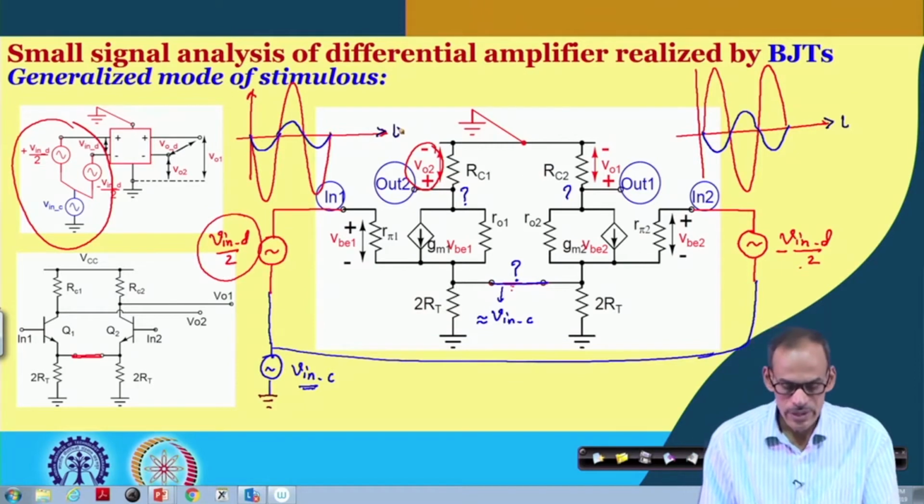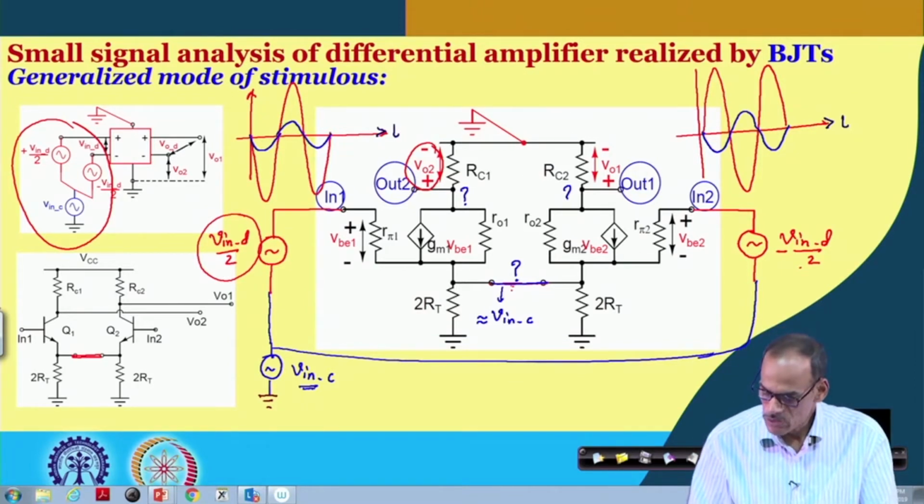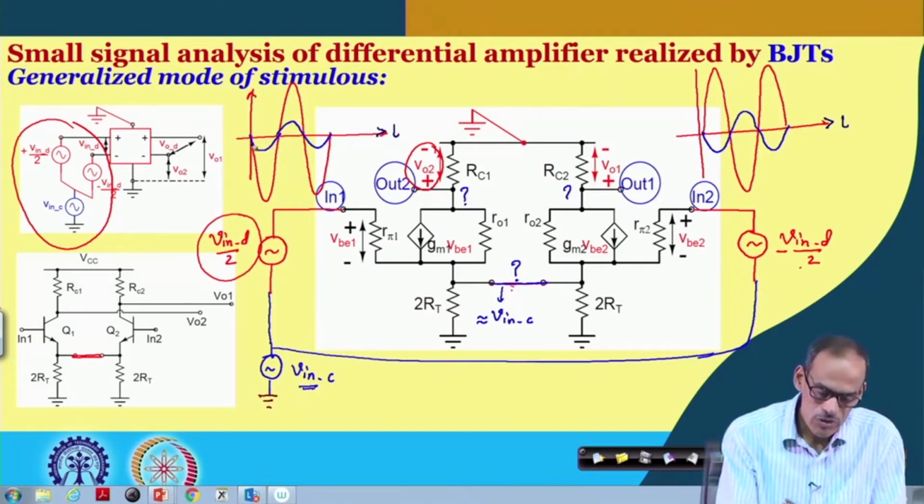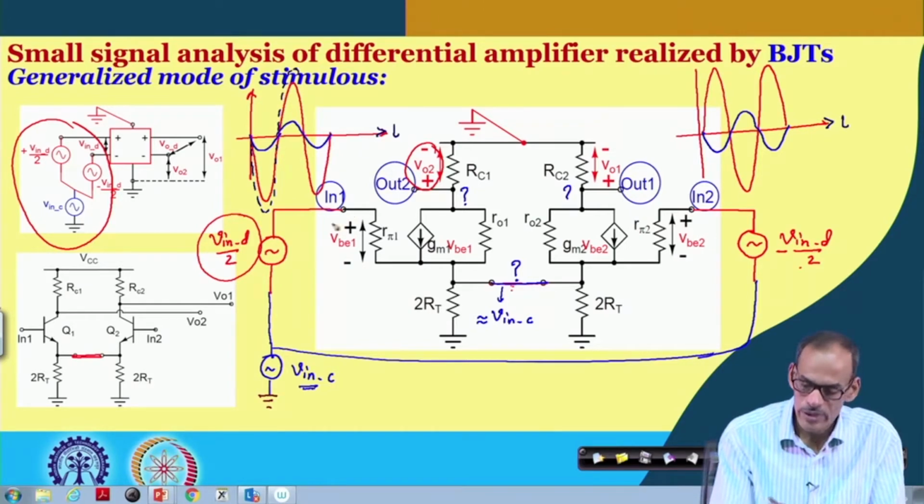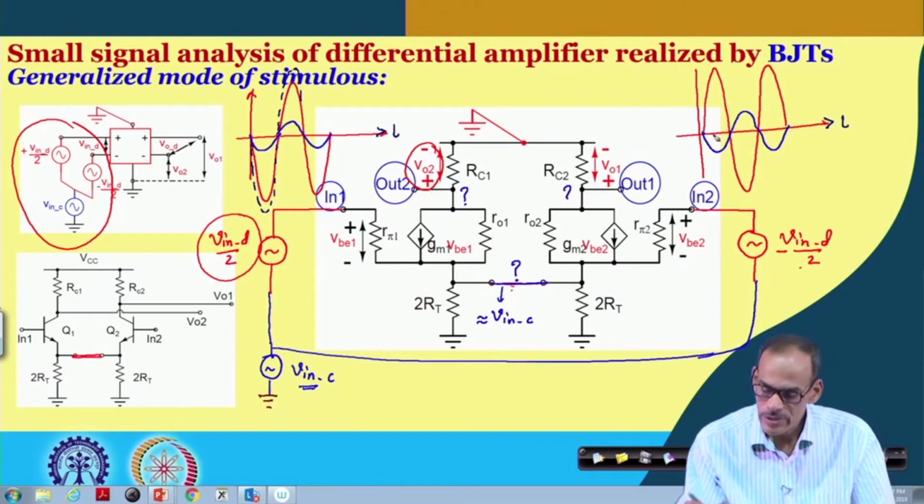If that is the case, then at the two outputs, the combined effect of these two may be something like this. This is the net output we get at this point, and if I consider the other input, it will have the corresponding signal like this.